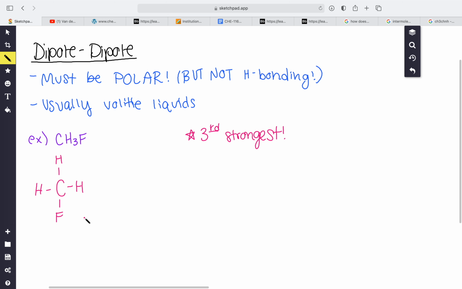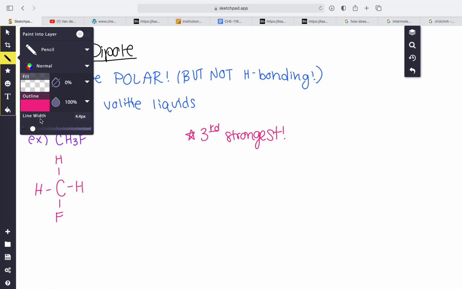Fluorine is more electronegative than hydrogen, so fluorine is going to attract more of the electrons, and there's going to be an uneven sharing of electrons. Very similar to our last slide, where we were talking about the uneven sharing between oxygen and hydrogen, but it's a little bit less of an uneven sharing, but they're still polar. Like, this is still going to be slightly, let me write it out.